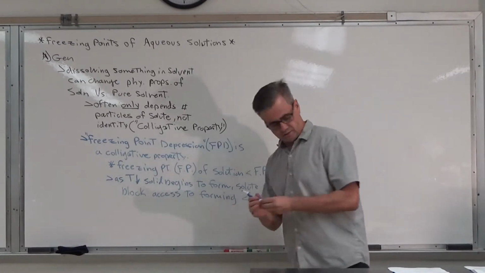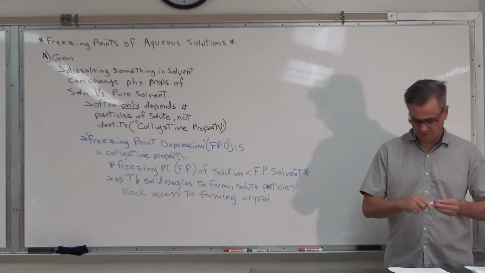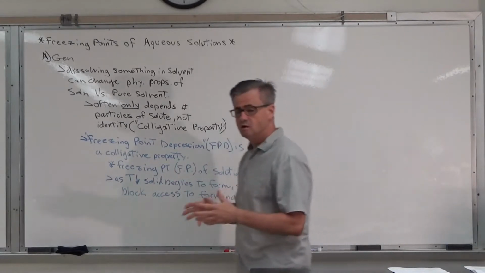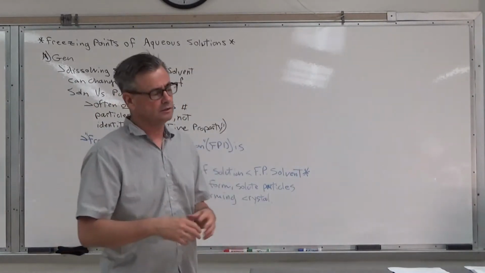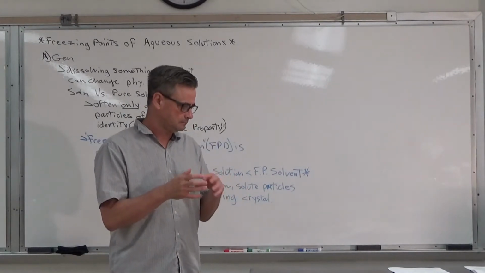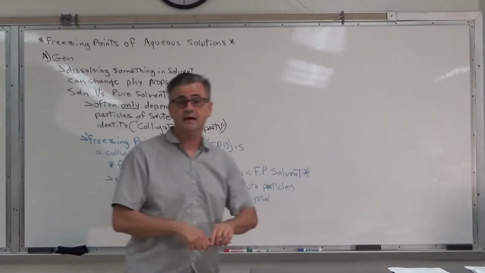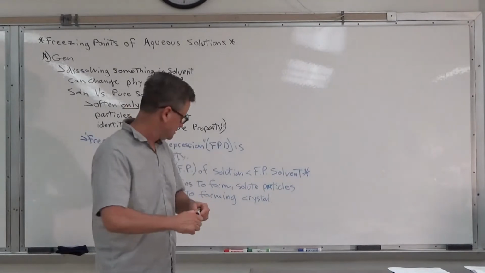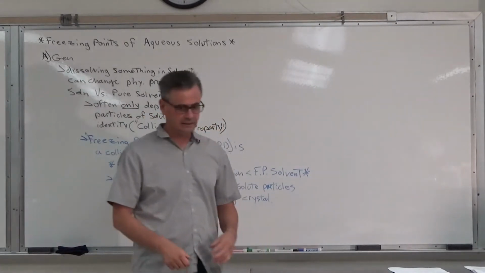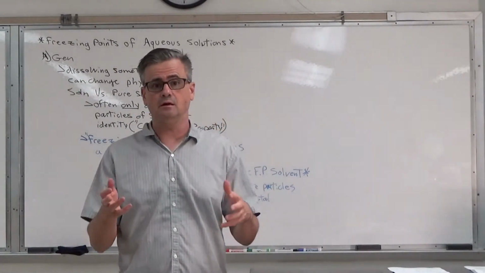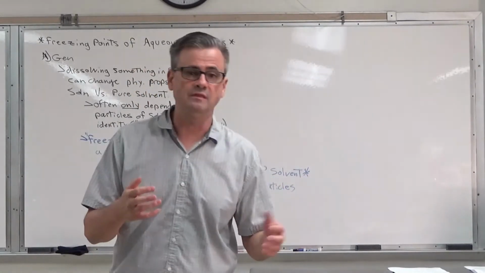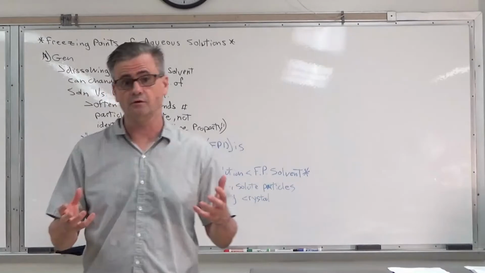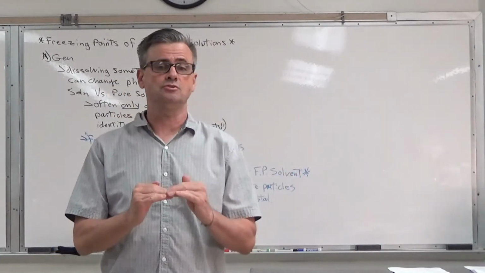And so there is something called a freezing point depression constant for each solvent, which gives you a way to calculate how much this is going to happen. Now, obviously, it's going to have to be dependent on how much you put in there. The more you put in there, the greater depression you get.